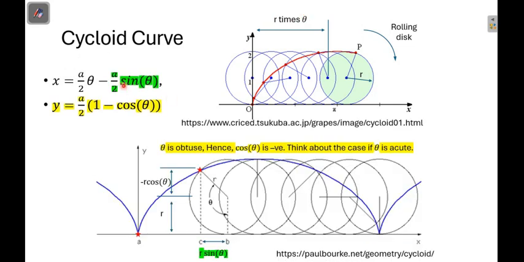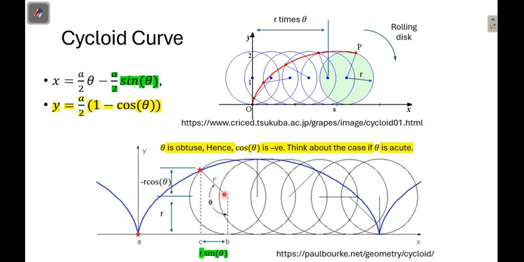Now let us examine the equations for x and for y. This is the point that we are trying to trace. We see here that the full distance traveled by the center, as we have already mentioned, is r multiplied by theta. However, this point is located at the left, so we need to subtract this distance.